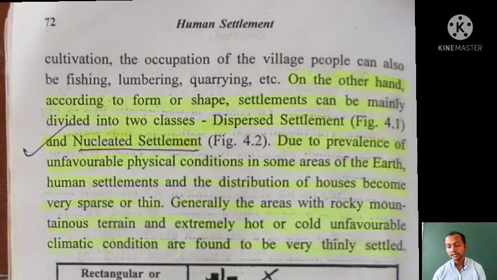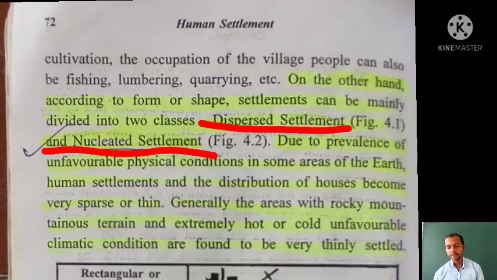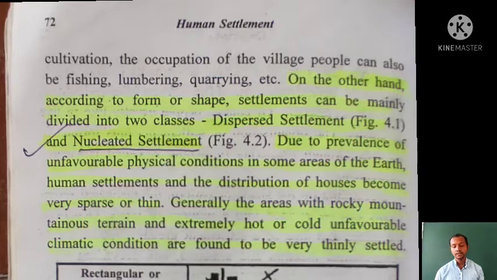And how is it divided? They are divided into dispersed and nucleated. Dispersed means a very thin population, very little in number. Why? One reason can be the unfavorable condition of nature, the unfavorable topography of the location.